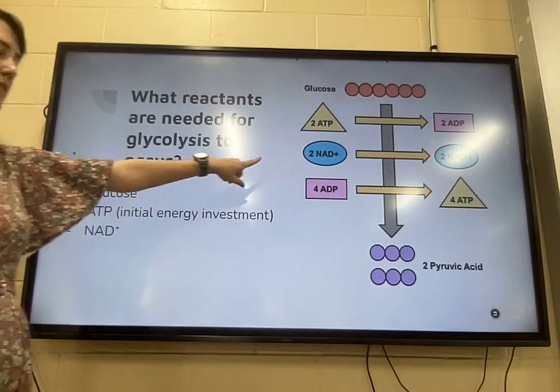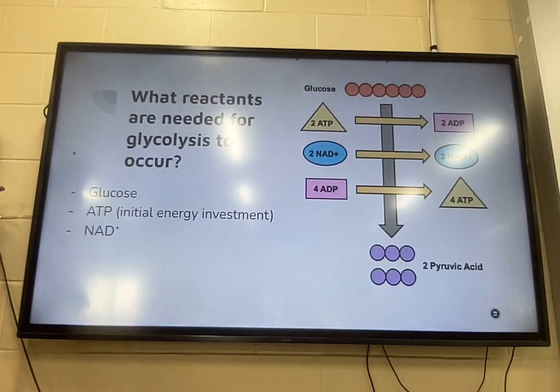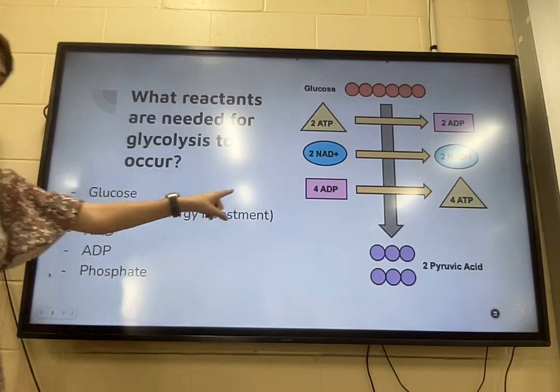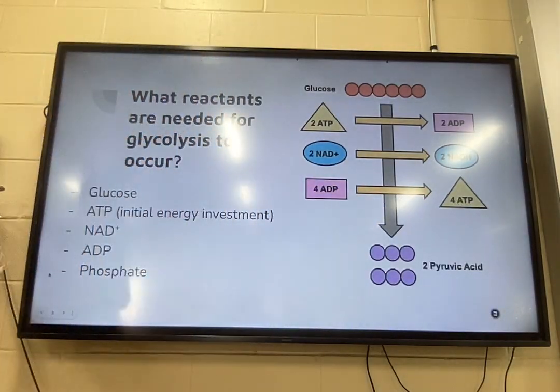We need some NAD+ to pick up the electrons that glucose loses, and we need some ADP and phosphate in order to make ATP. All right, so if a glucose molecule shows up, we need these things in order to perform glycolysis. With me so far? Okay.